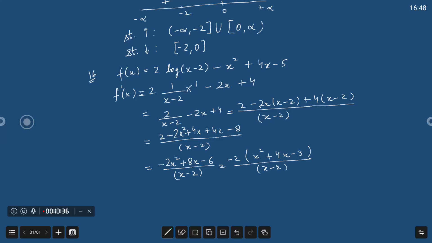I think there is some problem with the sign. It should be minus 4x here. Minus 2x into x, plus 4x, and this is also plus 4x, which is plus 8x.